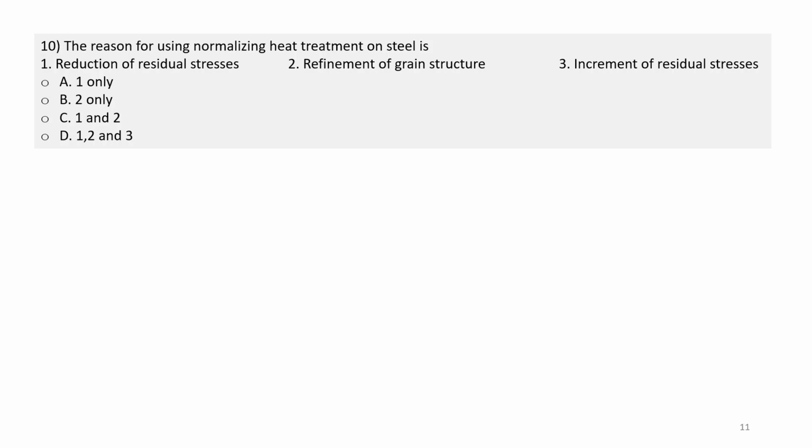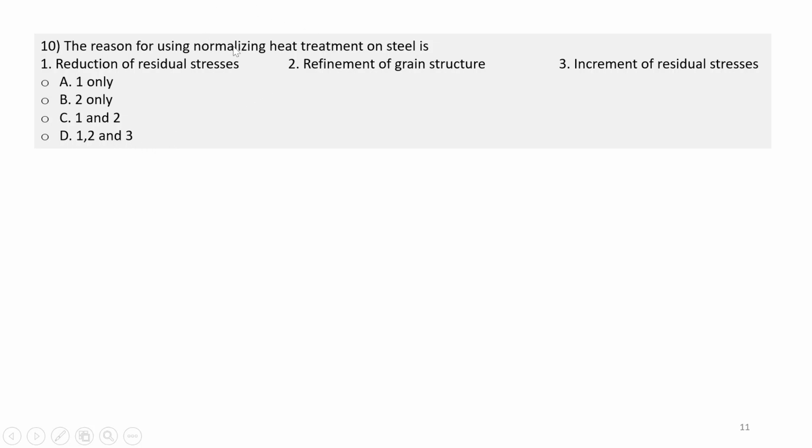So we are going through sample assignment questions. This question, the tenth question, is the reason for using normalizing heat treatment on steel is. Your options are reduction of residual stresses, refinement of grain structure, or increment of residual stresses. And your options are 1 only, 2 only, 1 and 2, and 1, 2, 3.